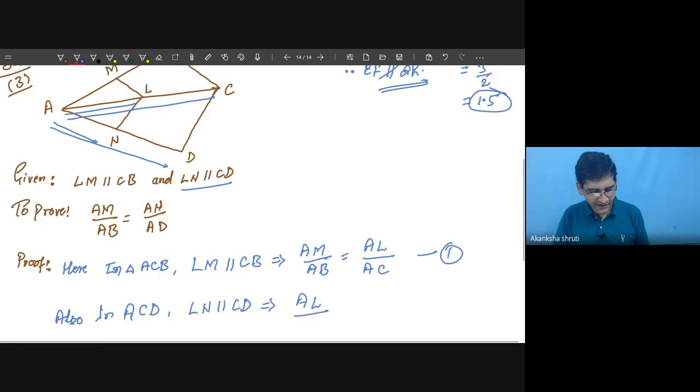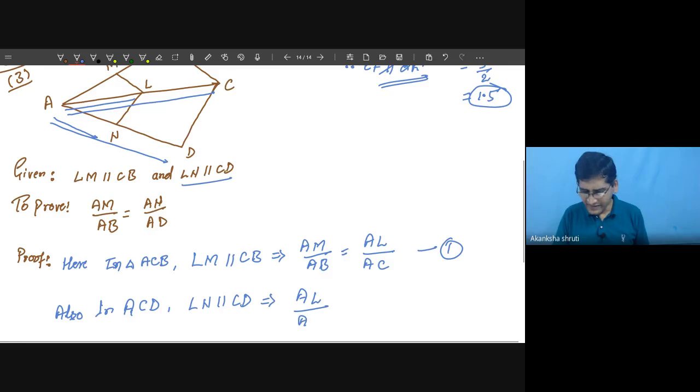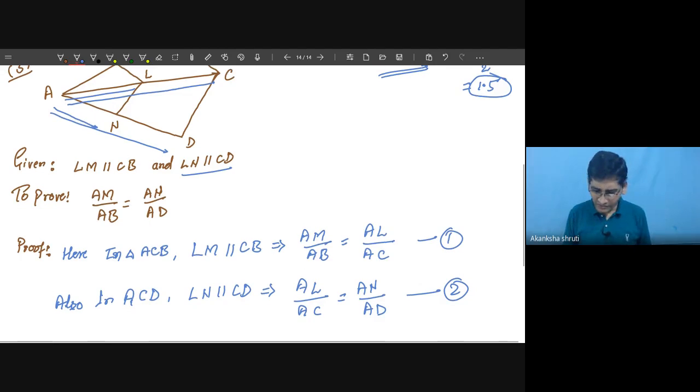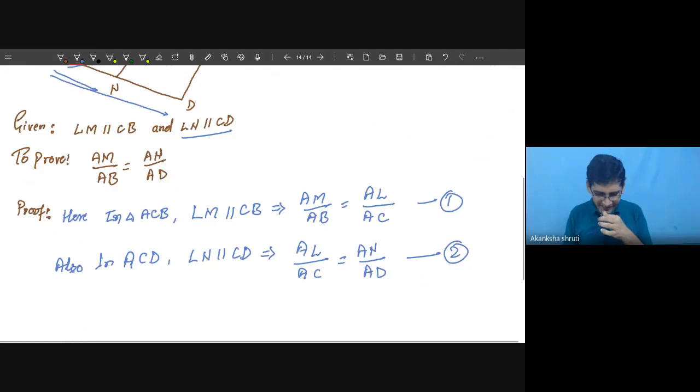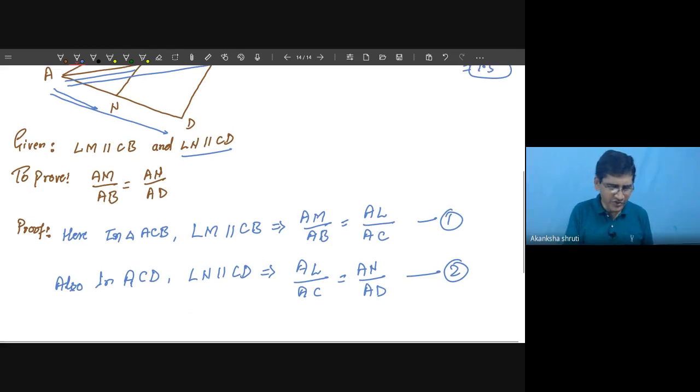So just write it. AL by AC is equal to AN by AD. Okay. So this is ratio 2. Now from 1 and 2 what can we say? Just observe this. From 1 and 2 we are observing that this ratio and this ratio are equal, therefore these two will also be equal.